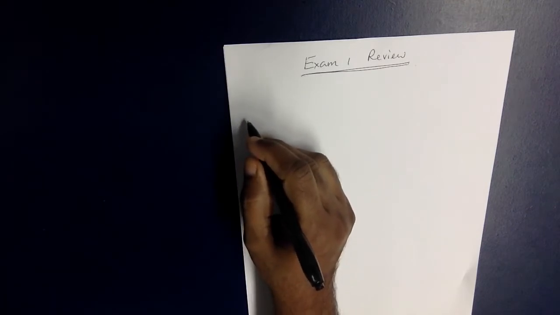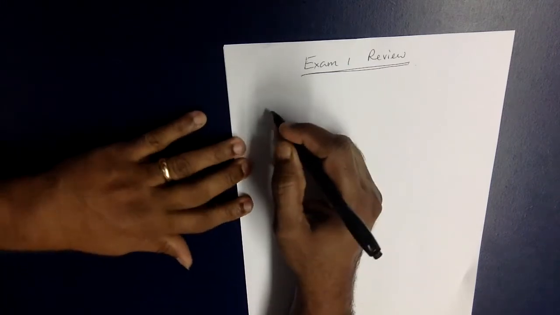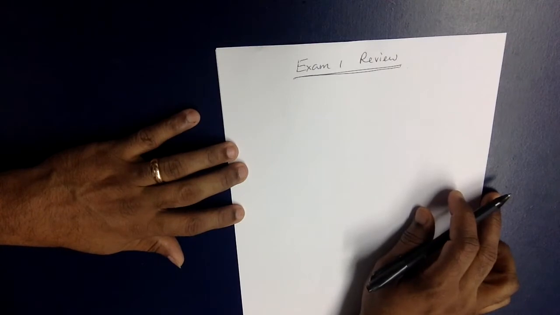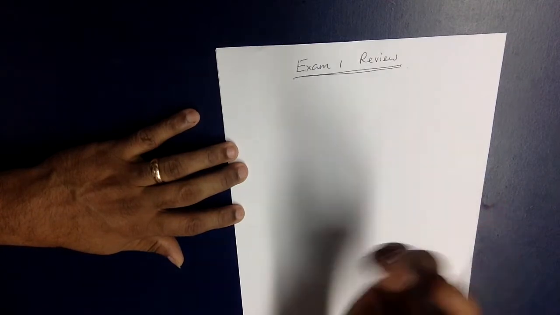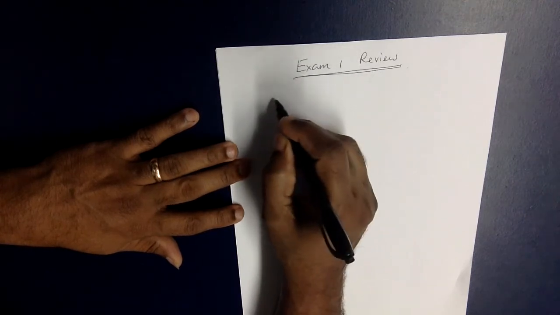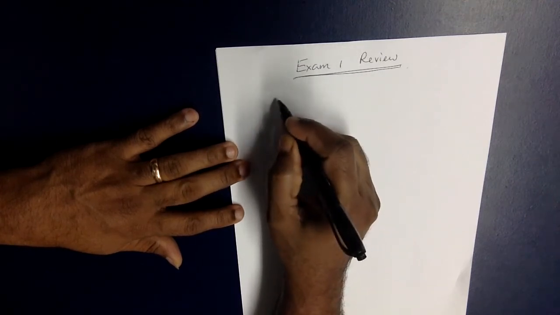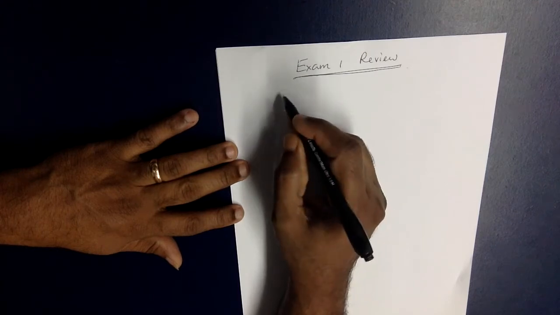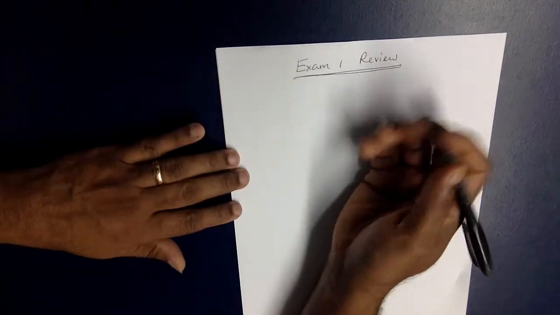Well, the first thing that you need to know is about some of the prefixes that I've taught. So first of all, I have told you that physical quantities can be the basic type and the derived type.